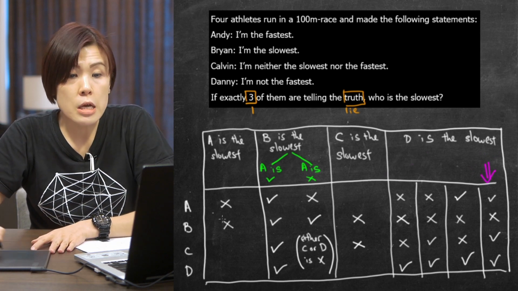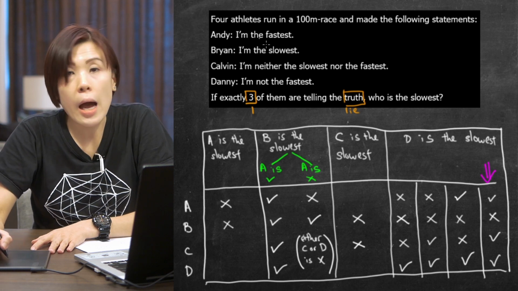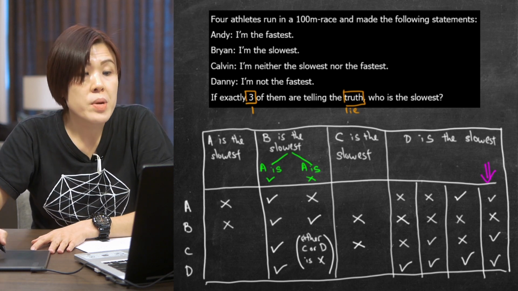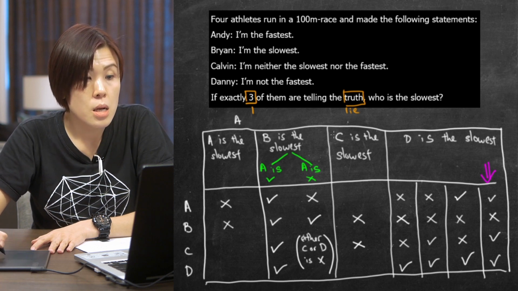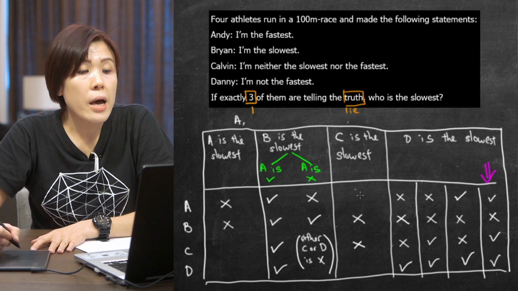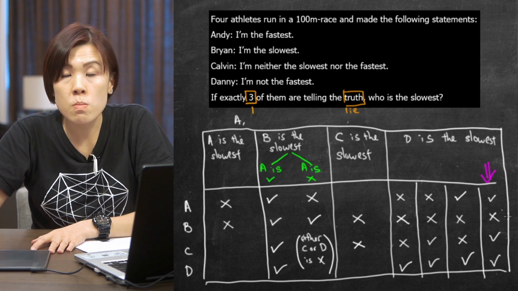So now in these assumptions, we are assuming that Andy is telling the truth. There's a tick here. Andy says that I am the fastest, which means Andy is in the first place. I'll put A. And then the second statement made by Bryan, we assume that Bryan is lying.